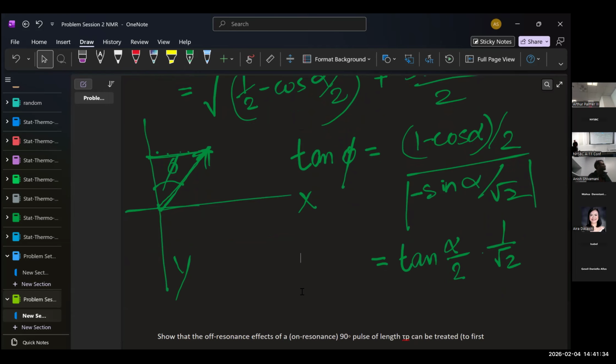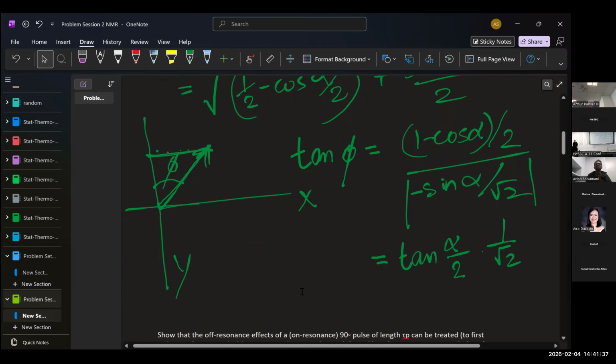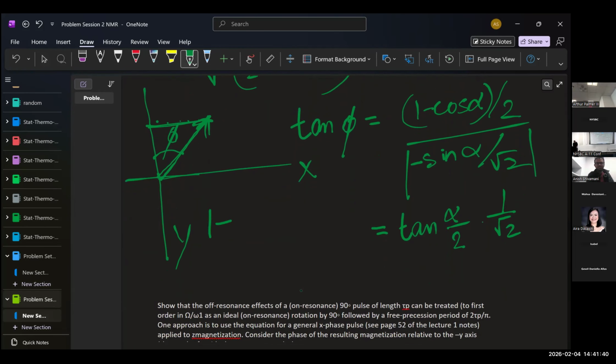I have a feeling that this is actually supposed to be cotangent and not tangent. 1 minus cos alpha is 2 sine squared alpha over 2, and sin alpha is 2 sin alpha over 2 cos alpha over 2.